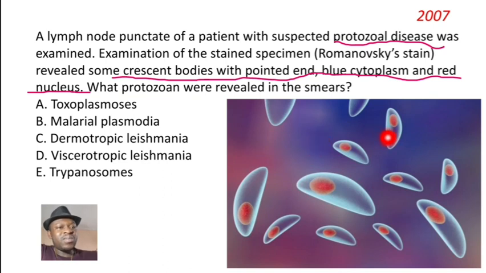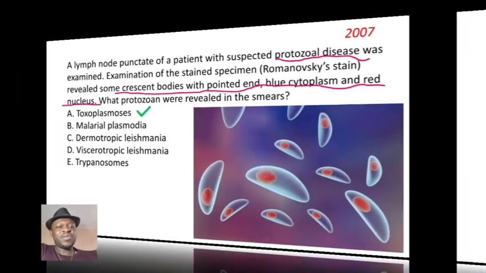Blue cytoplasm, here it is kind of bluish, right? And red nucleus. You can see the red nuclei, right? So this one is what? Toxoplasmosis. Toxoplasma gondii. Right. That's the answer. Next question.